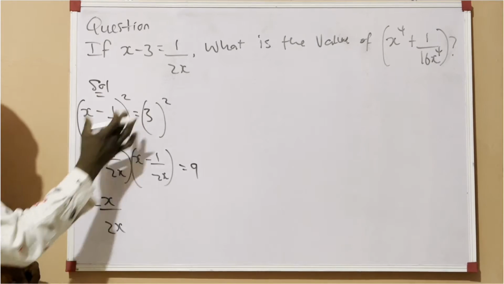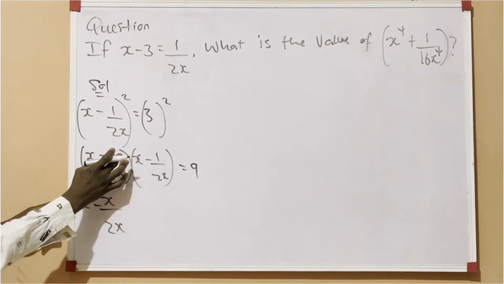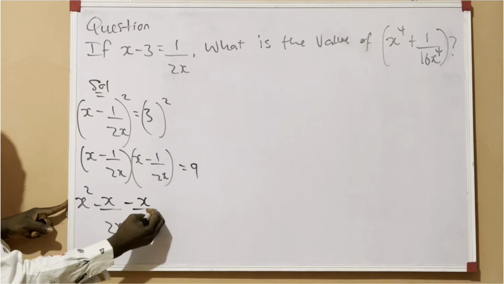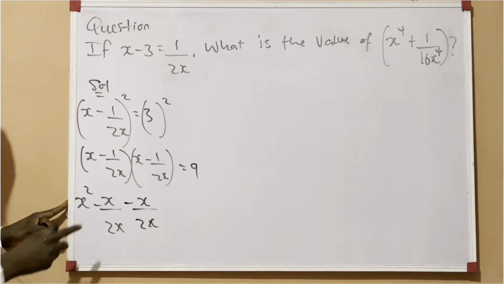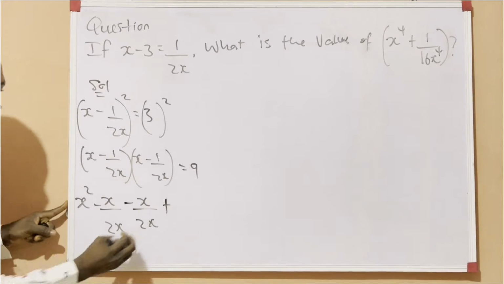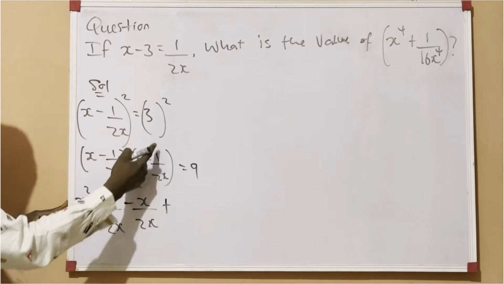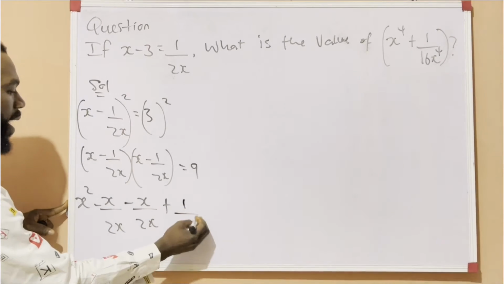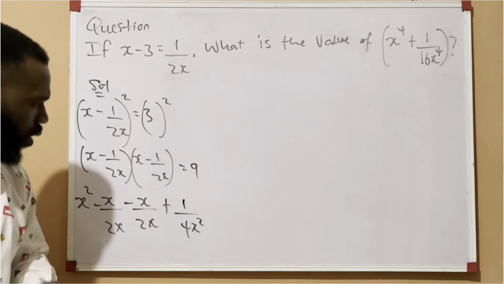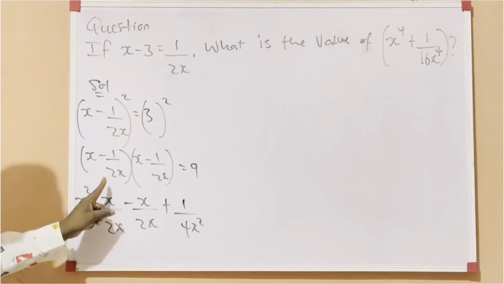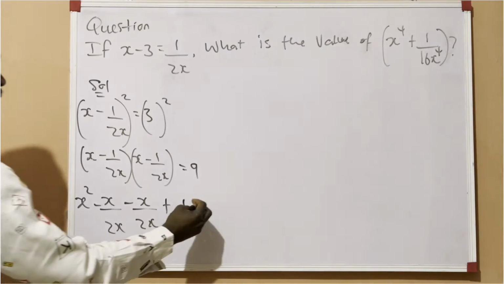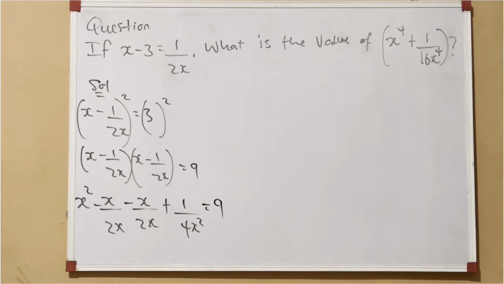Minus 1 over 2x will multiply again. Now, minus 1 over 2x times x will also give us minus x over 2x. Alright. Now, minus times minus gives us plus, okay? And 1 over 2x times 1 over 2x will give us 1 over 4x squared. Are you with me now? Because why? 1 times 1 is 1, 2 times 2 is 4, and x times x is x squared, equal to 9.